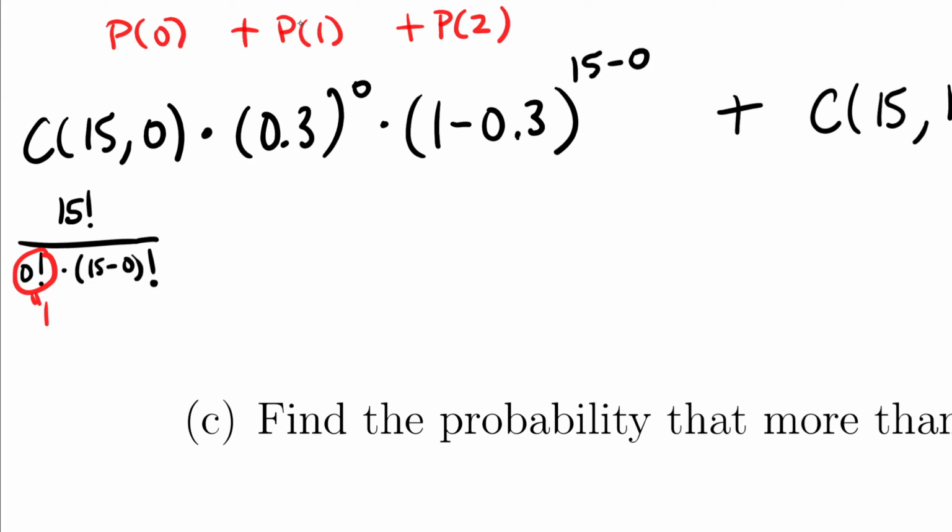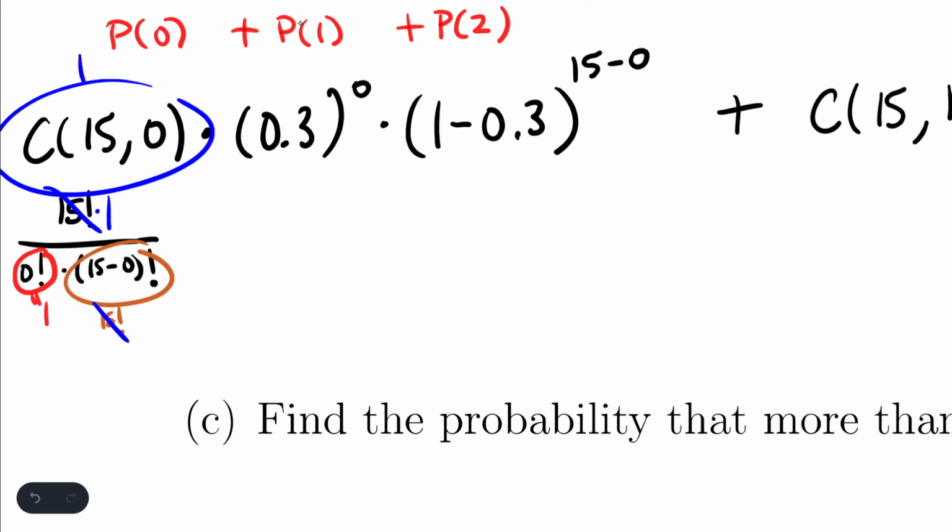That's something discussed when we first introduced factorial. 0 factorial is 1. Now 15 factorial means 15 times 14 times 13 times 12, etc., down to times 1. 15 minus 0 factorial is 15 factorial when simplified. So I've got 15 factorial over 15 factorial. Those cancel perfectly with each other. And I'm basically left with 1 over 1, because when the 15 cancels, there's just a times 1 there. 1 over 1 is 1, so this term becomes 1.